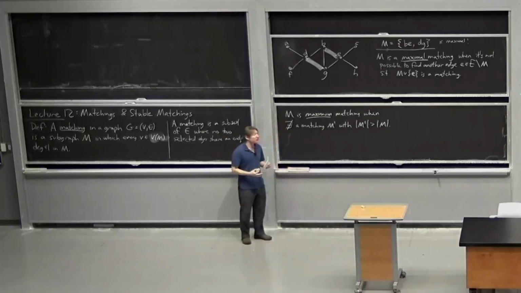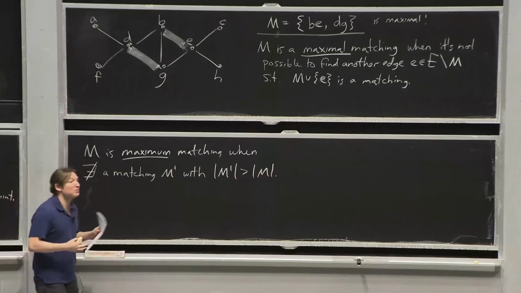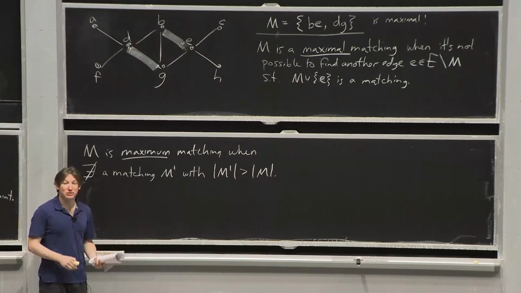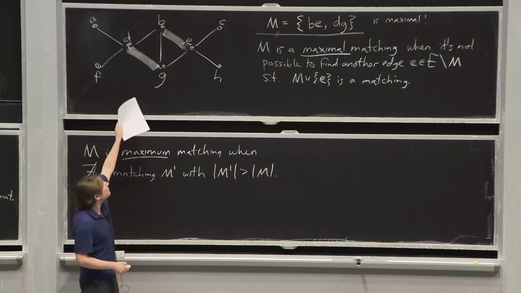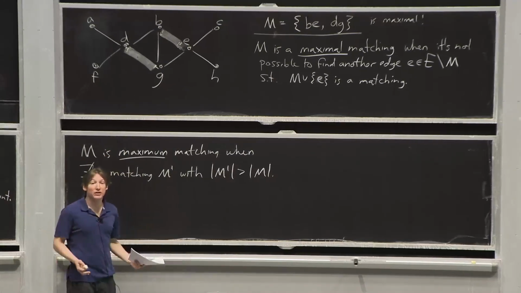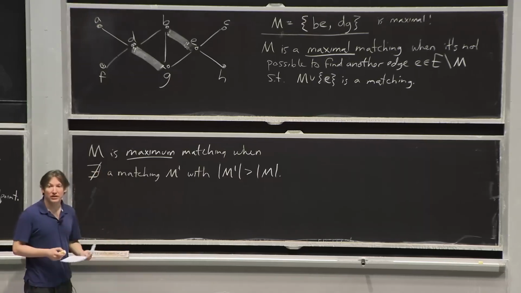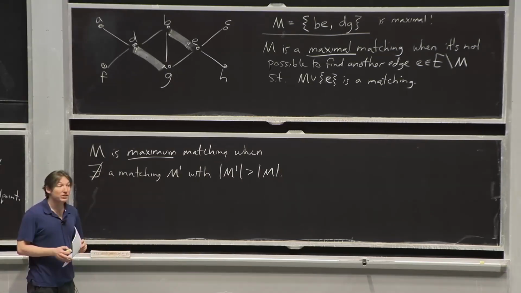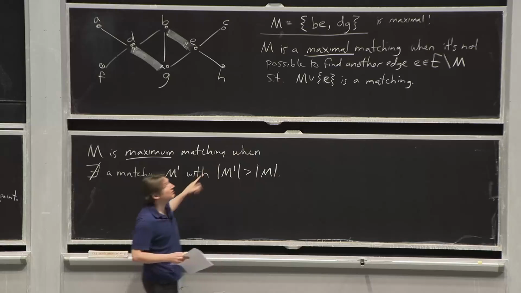So this is a global measure of maximum. We'll say a matching is maximum when it's the biggest you can ever do. I don't care if you keep these particular edges, just is there any matching at all, anywhere, that has more edges than this? So that's the difference between maximal and maximum.